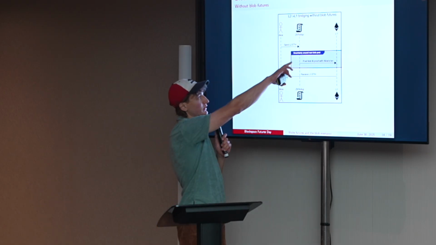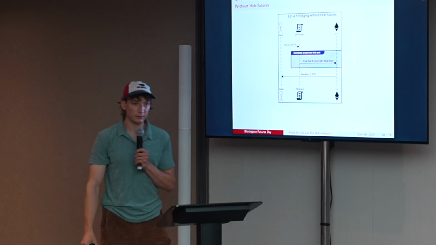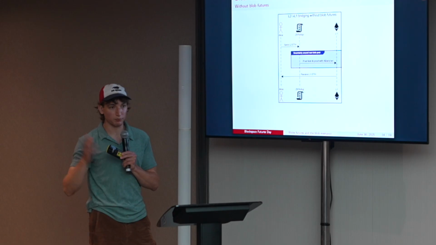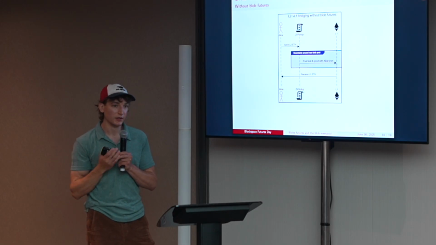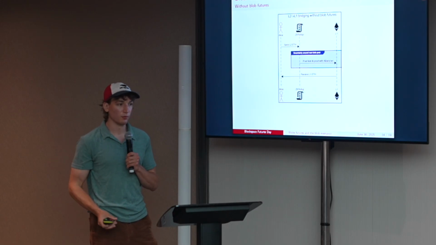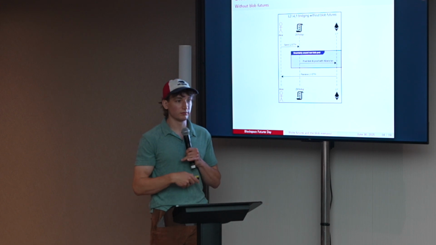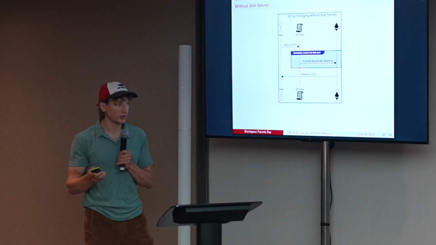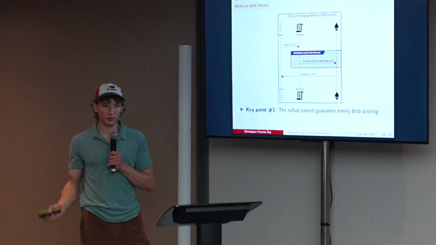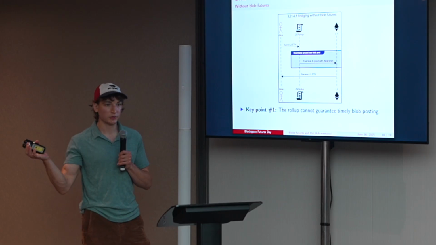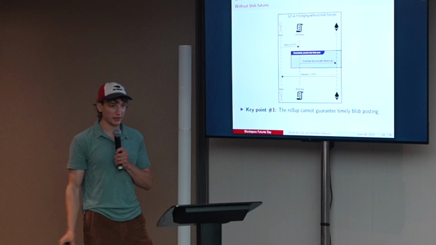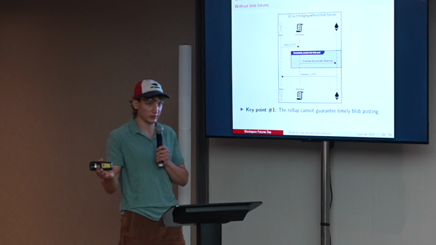Now, there's uncertainty around when the next blob post happens because there's no Blockspace Futures market right now, right? So the rollup is in this world where they want to give good service to their users, but they can't guarantee timely blob inclusion at all. There could be a builder that buys the next 10 blocks and decides to censor the rollup, and there's nothing they can do.